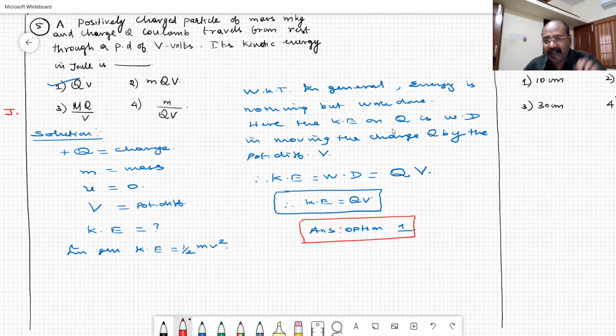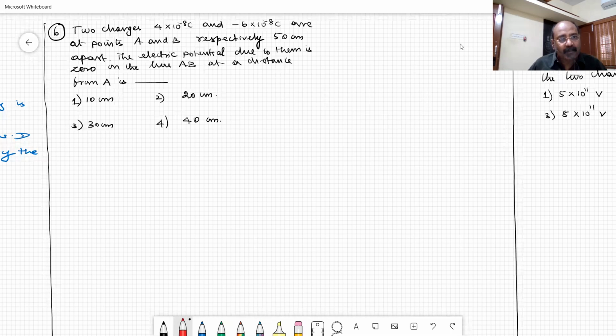Let us move on to the next problem, problem number 6. Two charges, 4 into 10 power minus 8 coulomb and minus 6 into 10 power minus 8 coulomb, are at points A and B respectively, 50 centimeter apart.